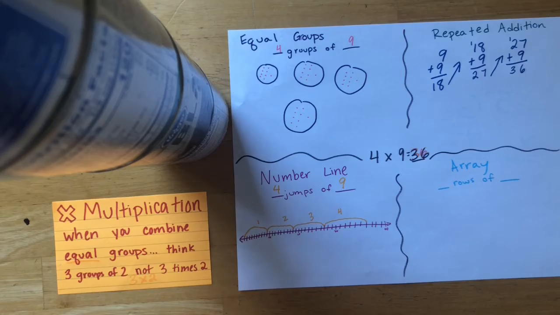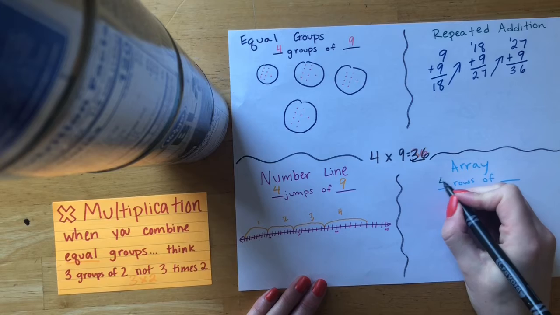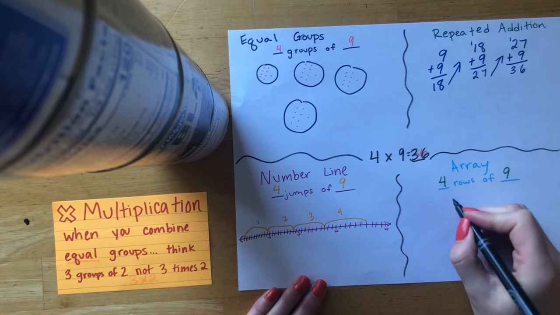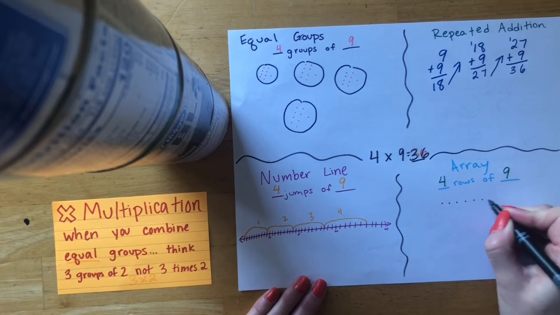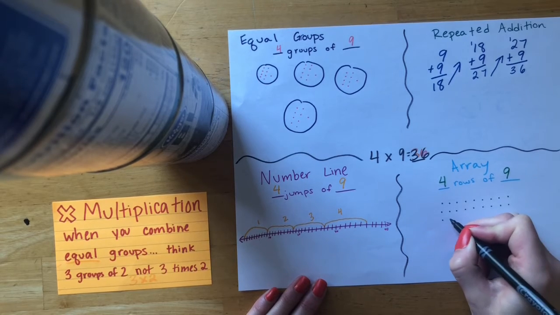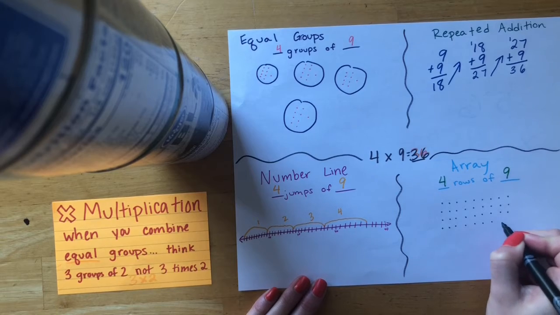My favorite, the array. I like the array because it's so organized. With equal groups, you can get mixed up, but with the array, everything is nice and neat. So you do 4 rows of 9. 1, 2, 3, 4, 5, 6, 7, 8, 9 in each row.